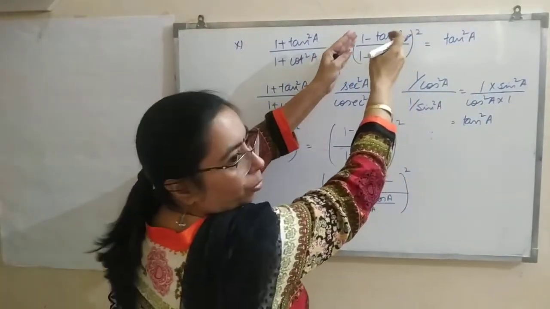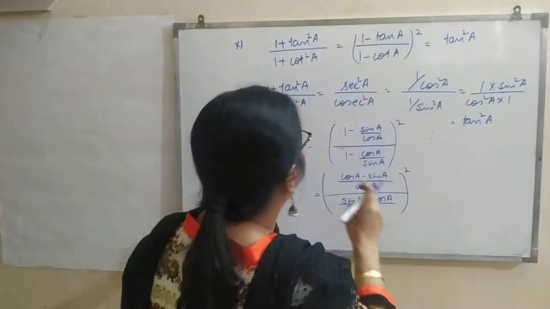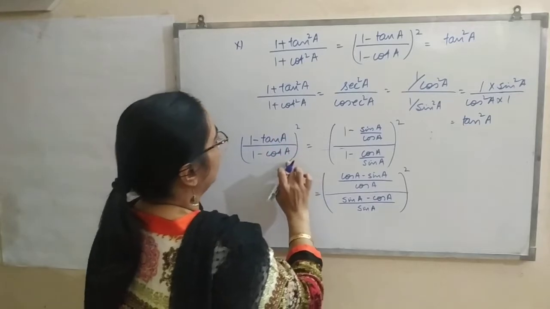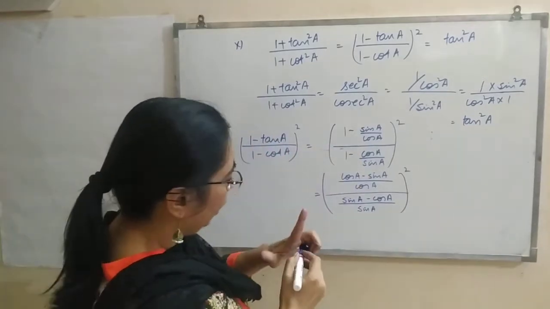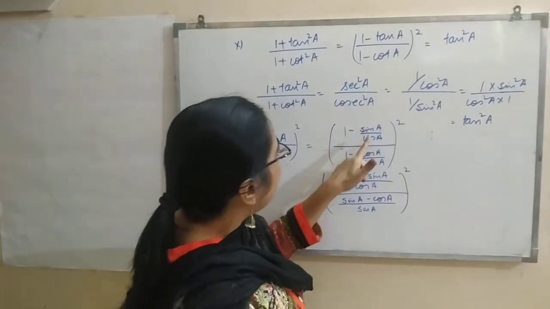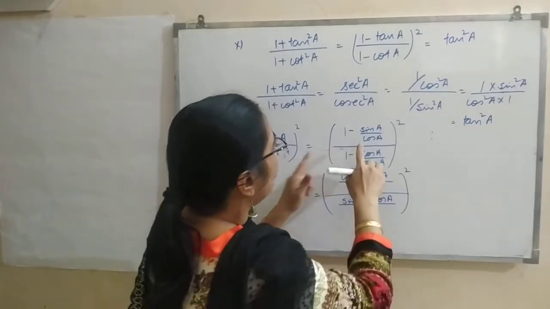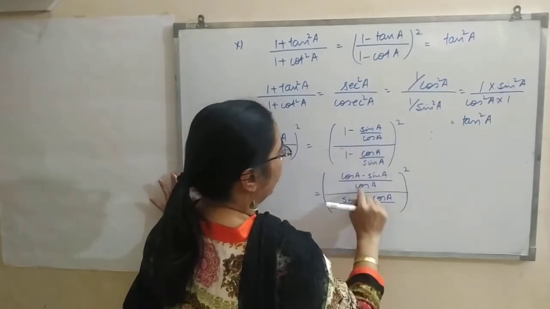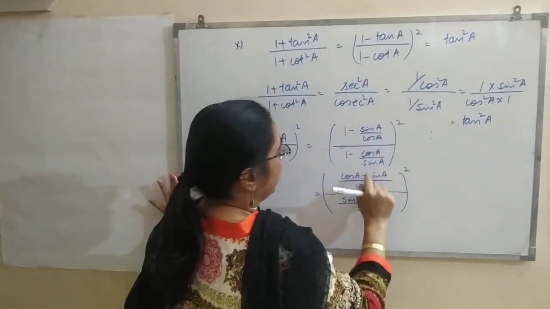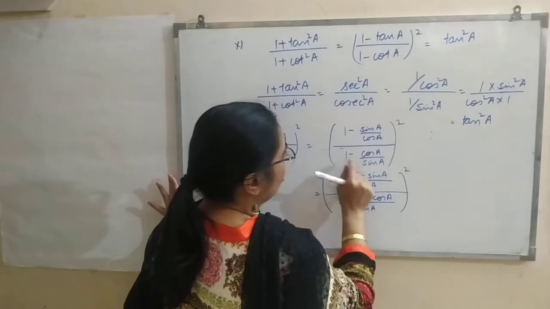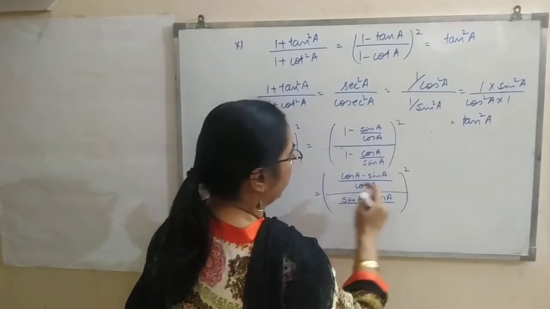Now I am going to prove the second part is also equal to the third one. So ((1 minus tan A) upon (1 minus cot A)) whole square. I am changing it into sin and cos. Tangent can be written as sin by cos and cotangent can be written as cos by sin. So taking LCM in the numerator, cos A minus sin A upon cos A, and in the denominator sin A is the LCM, so sin A minus cos A upon sin A, and whole square is there.